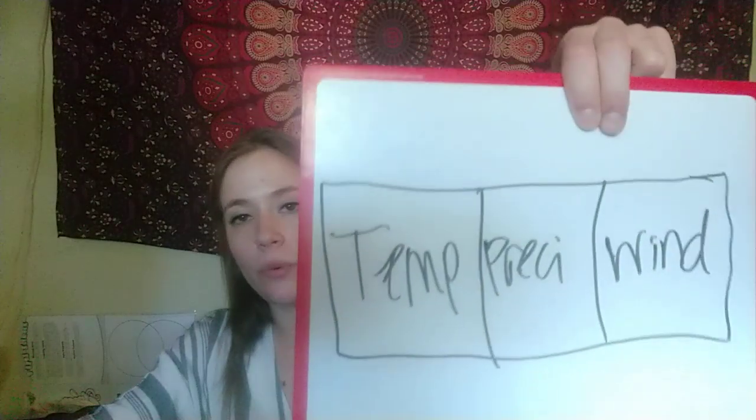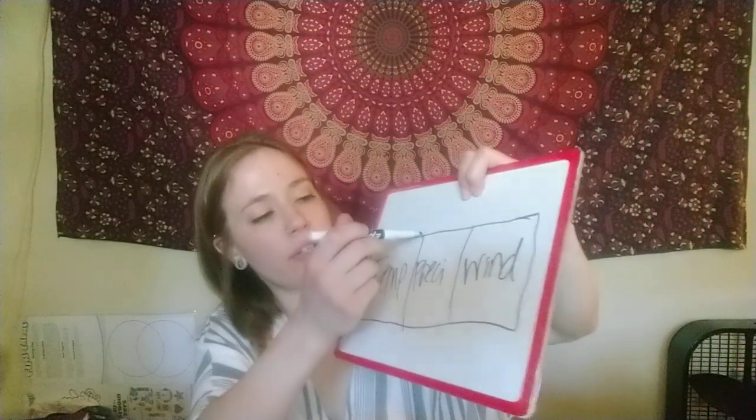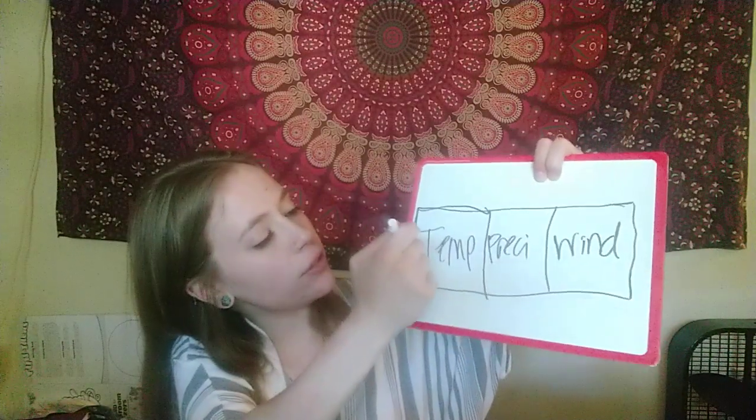And the part where there's the 3 rectangles and it says temperature, precipitation, and wind, we want to make sure there's a blue box around temperature.